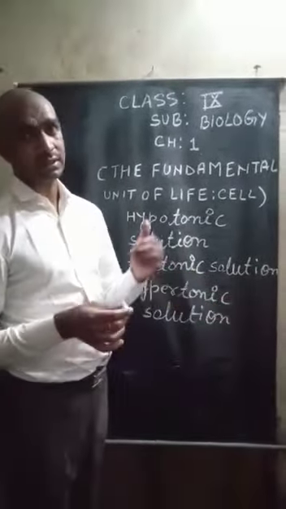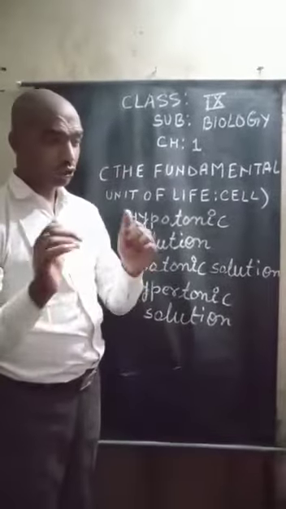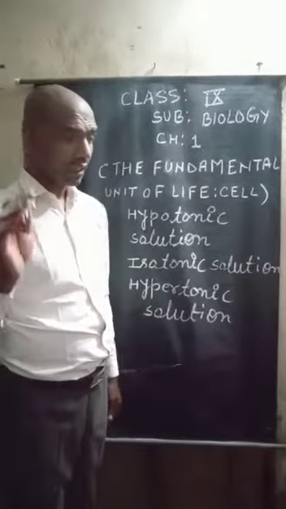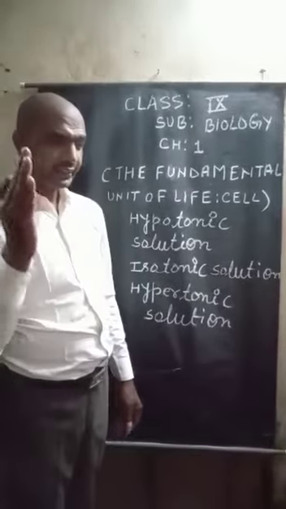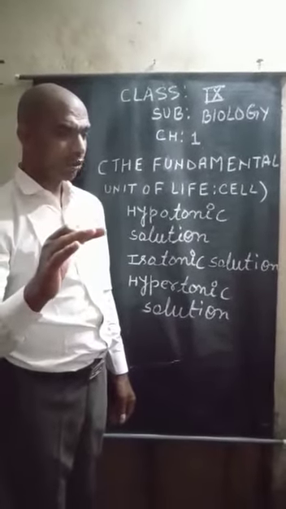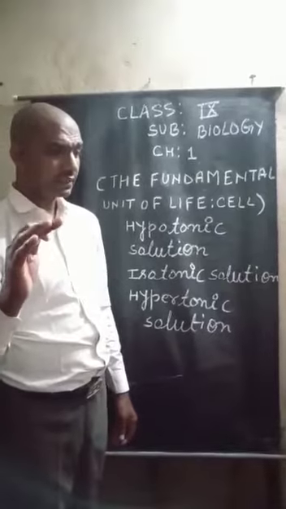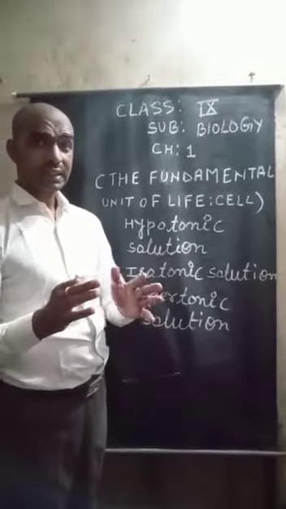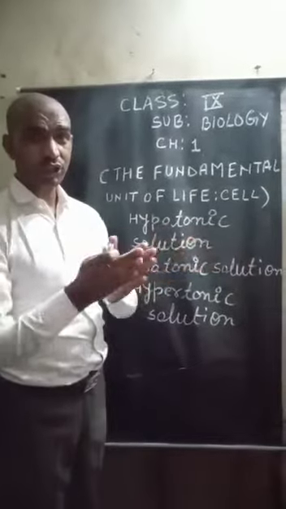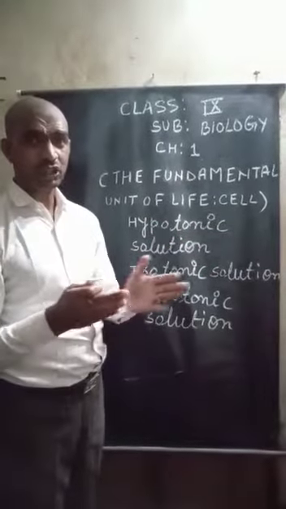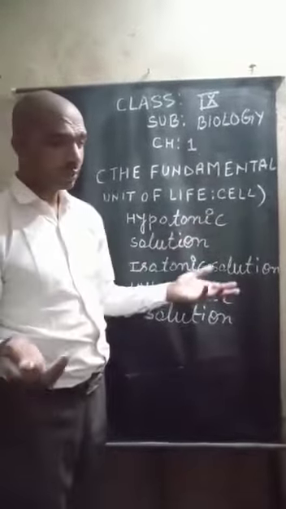So, my second topic, isotonic solution. In isotonic solution, the medium surrounding the cells has exactly the same water concentration as the cell, that means inside and outside both concentrations are equal.